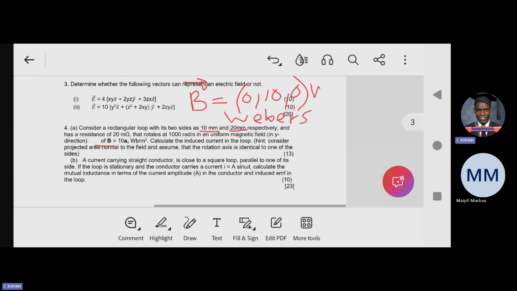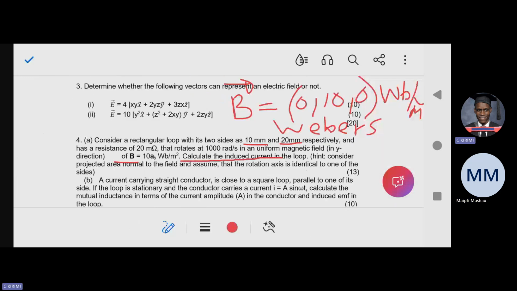Here we want to calculate the induced EMF current using the formula for magnetic field. We've been told that you need to consider the projected area normal, which means perpendicular to the field, and assume that the rotation axis is identical to one of the sides.